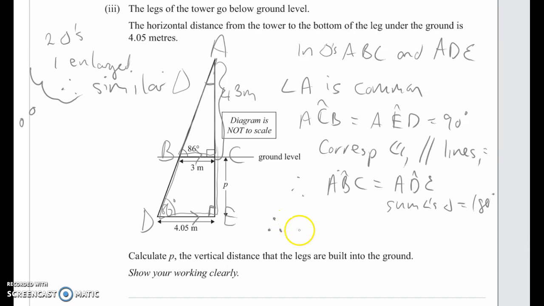So therefore, I have shown that triangle ABC is similar to triangle ADE, and this is where you have to make sure that you're writing the angles in the right order. A is equal to A. We've said C is equal to E. So I've said B there, so B is equal to D. Now I've got them in the correct order.